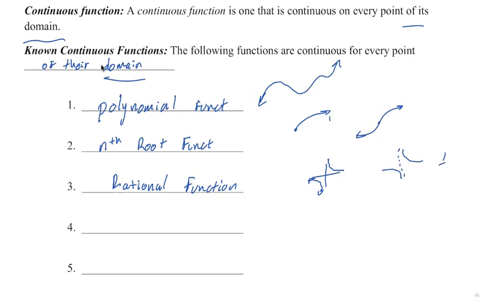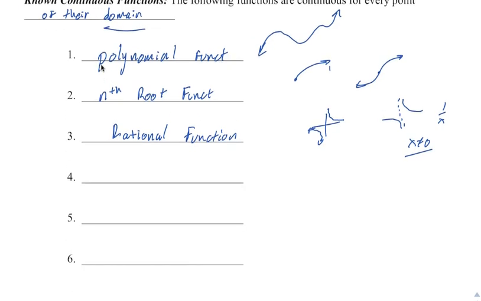In this example, like the 1 over x graph, it's not continuous at 0, but 0 is not in its domain because it's restricted. So on its domain, it's continuous. So if you know it's a rational function, as long as we're not at the restricted value, it's continuous. And then the final one, the trig function, trig and inverse trig.